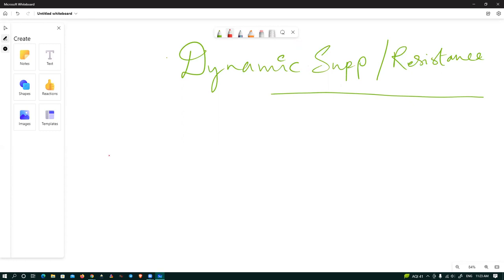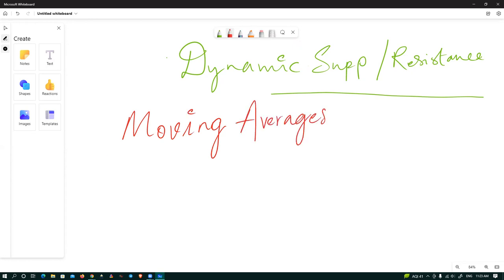The tools which we use for dynamic support and resistance are moving averages. What is a moving average? A moving average is an average taken from a set of candles.